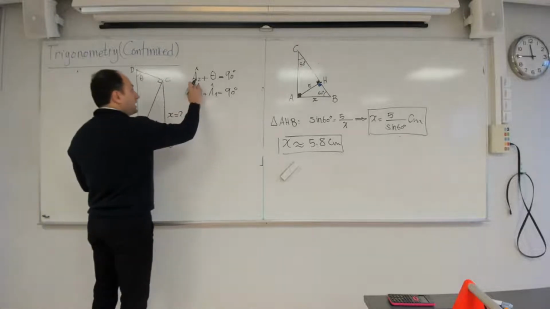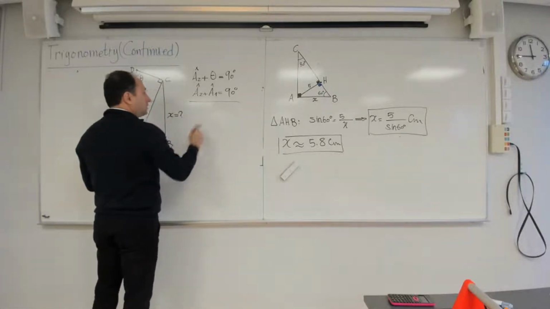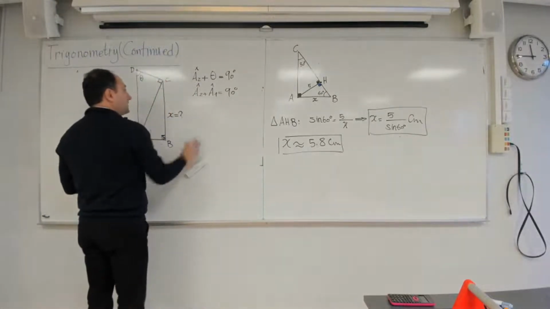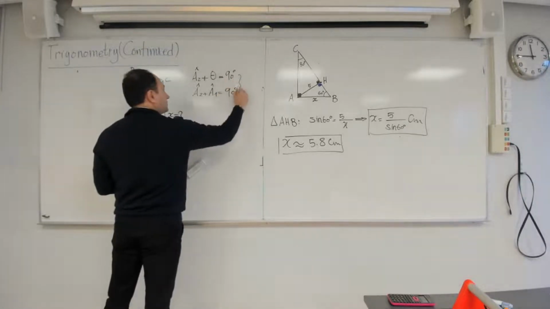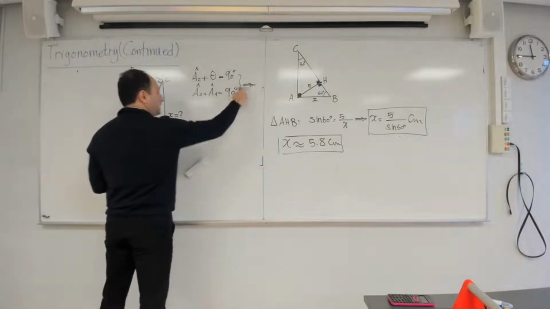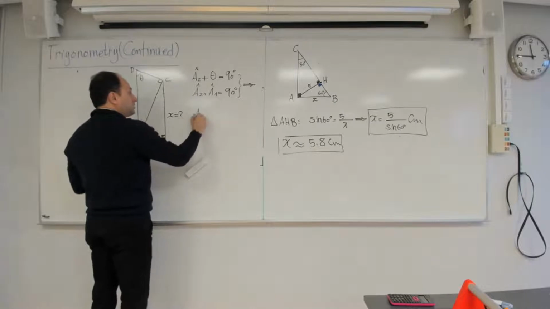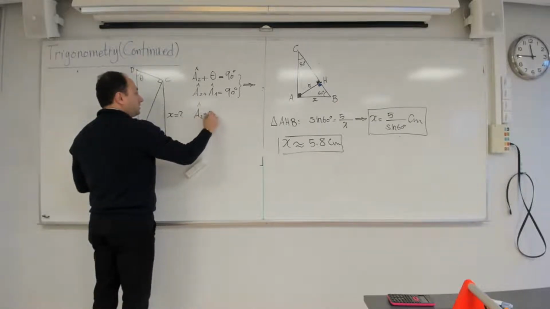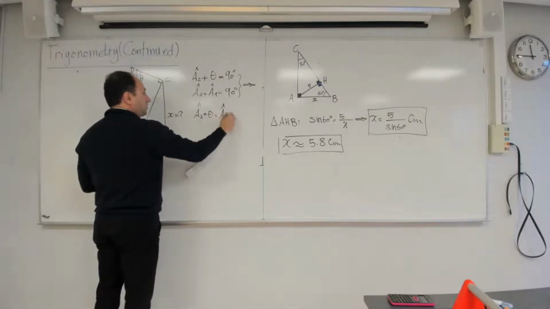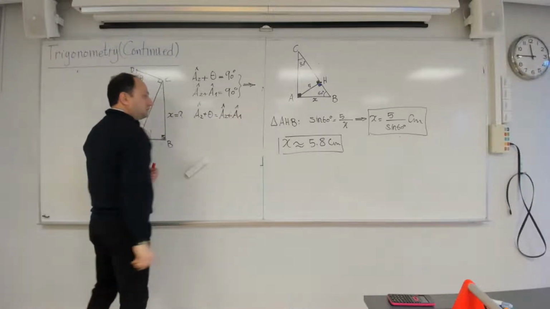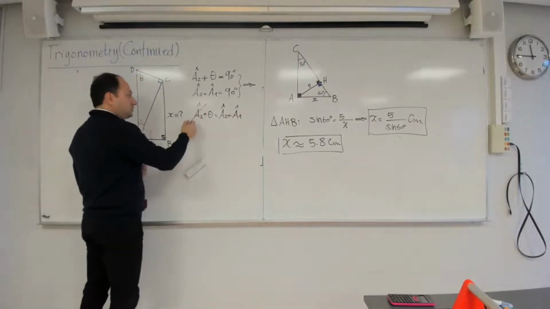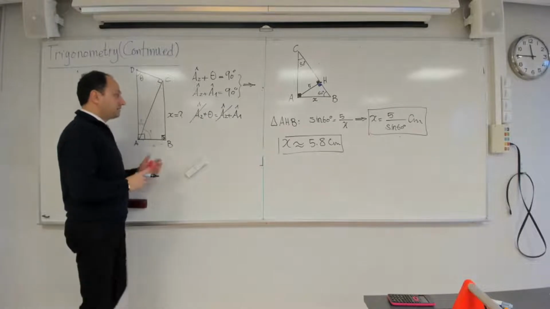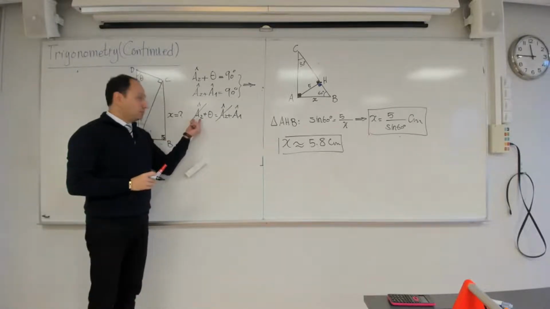So I can conclude from these two that A2 plus theta is equal to A2 plus A1. Yes? And now this A2 and this A2 can be cancelled, because I am adding minus this angle to both sides.